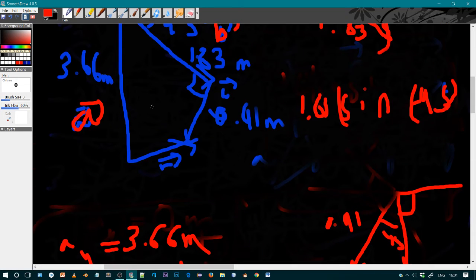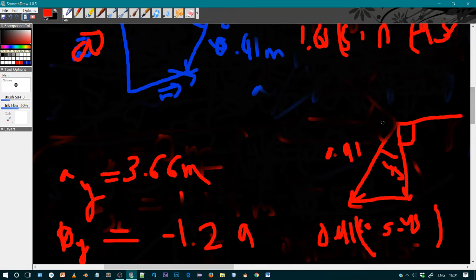So basically, the logic is that I took the value this way, 45 degrees. I should have taken this value because cos theta and sine theta only apply when you take it from the positive x-axis.